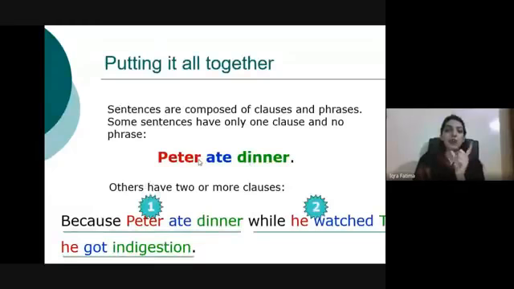Peter ate dinner. It's one sentence, a simple sentence. Other than that, if we talk about this sentence, because Peter ate dinner, it's a dependent clause, and then we have subject and verb, so it is a dependent clause. While he watched TV, another dependent clause. He got indigestion.